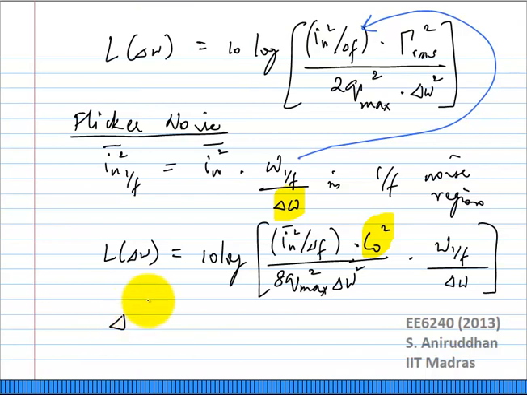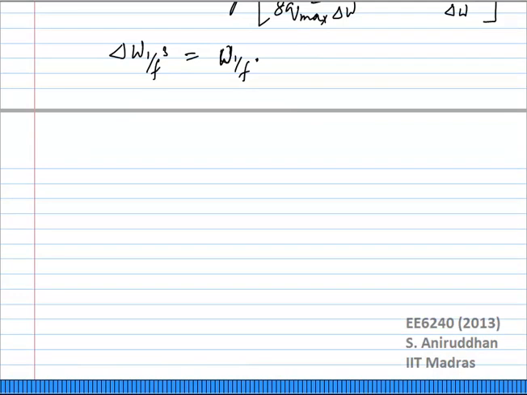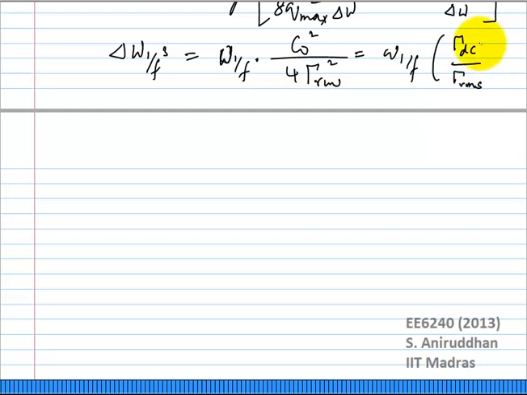For example, we said delta omega 1 over f cubed is omega 1 over f times C naught squared over 4 gamma RMS squared, which is omega 1 over f times gamma DC by gamma RMS squared.